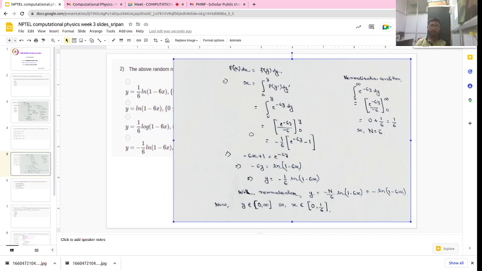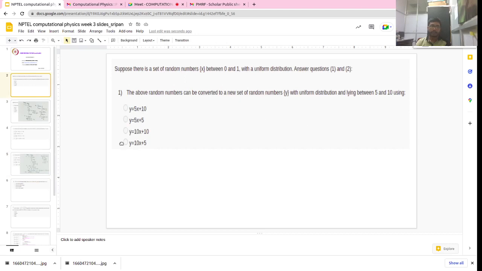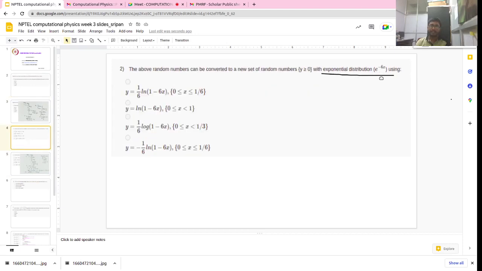Sorry, I was considering this factor to be 3, just like the question given. You have given here e to the power minus 6y; I was considering e to the power minus 3y. The question is given as minus 6x, so I think there is some mistake in this question, it should be minus 6y maybe.